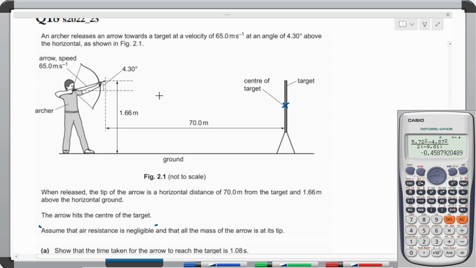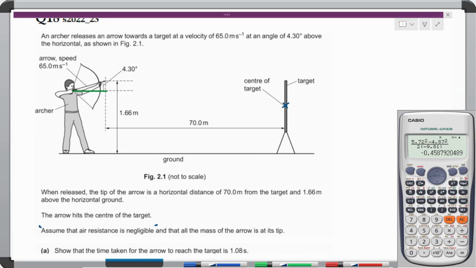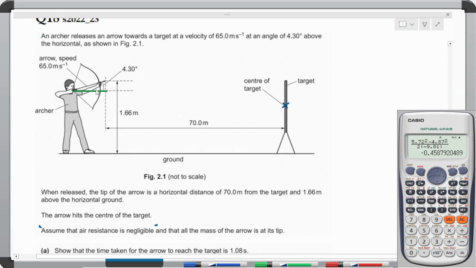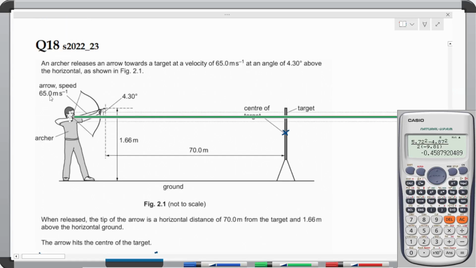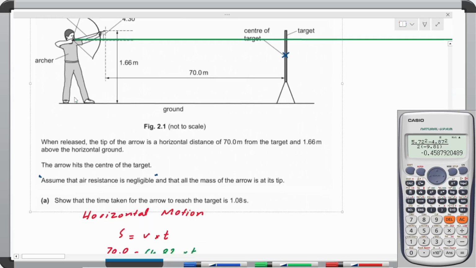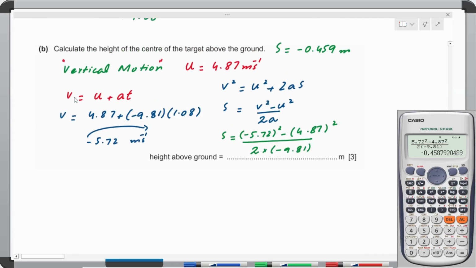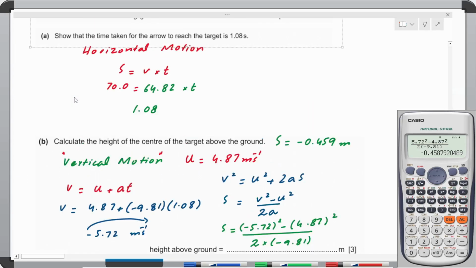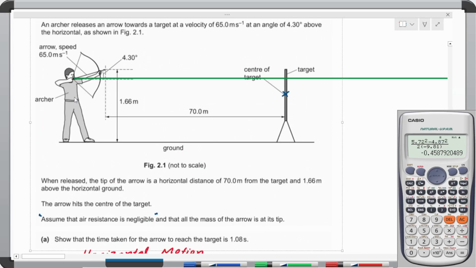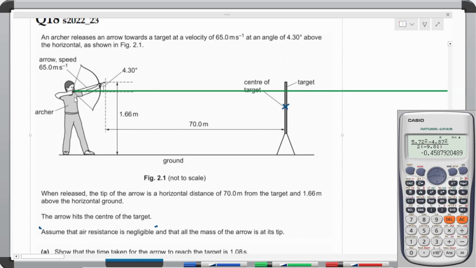So if this is the starting point, now how far does this projectile go upward?